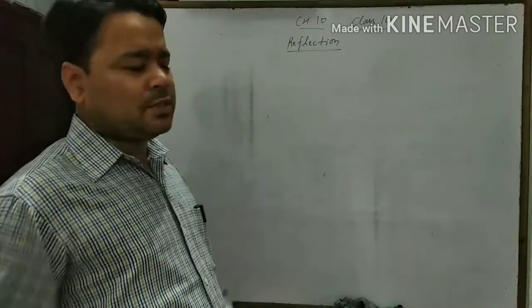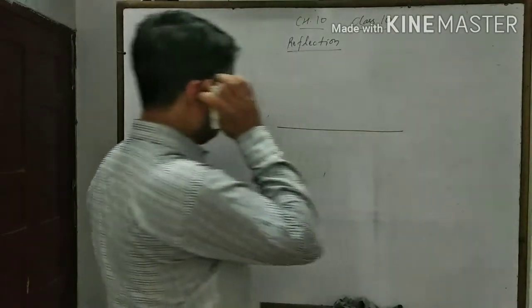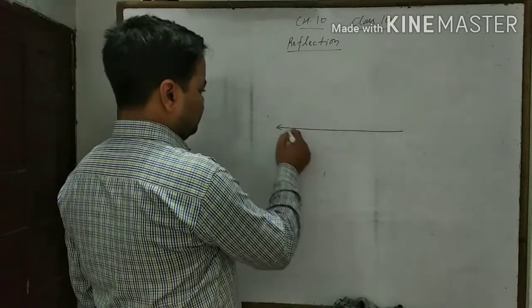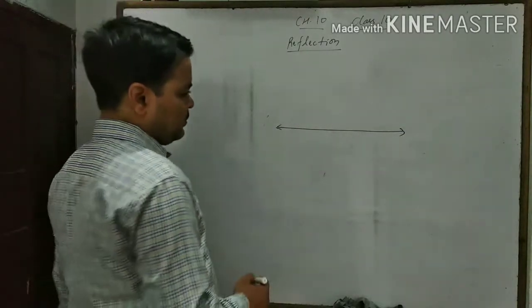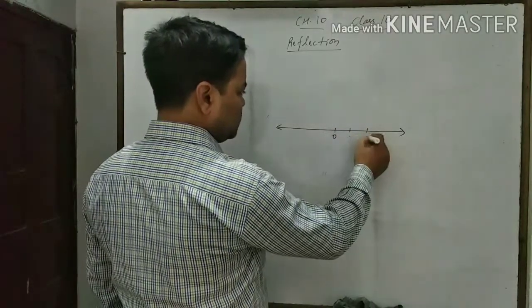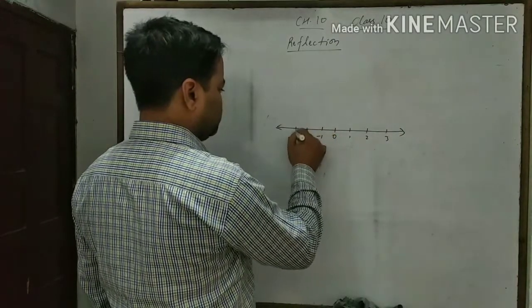Here we know that this is the horizontal line. Let here this be 0, 1, 2, 3, like that. Here minus 1, minus 2, minus 3.